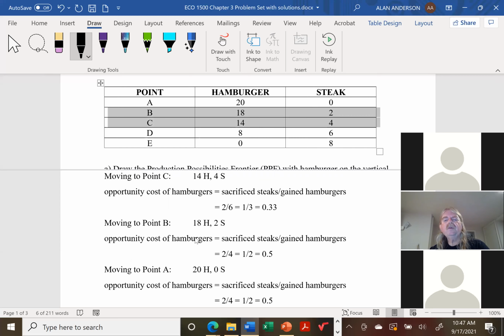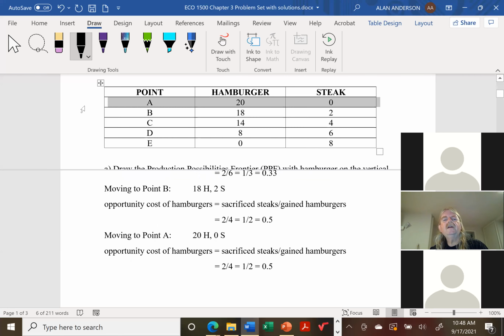So like at moving to point B means you can see I've highlighted the two lines. As I moved to B from C, I picked up 4 burgers, but you can see I lost 2 steaks. That's what it means. So we're always comparing that point to the previous one when you calculate these numbers. All right, does that make sense?